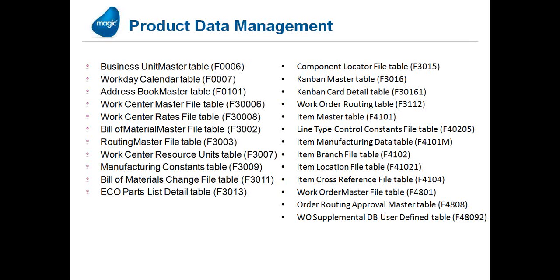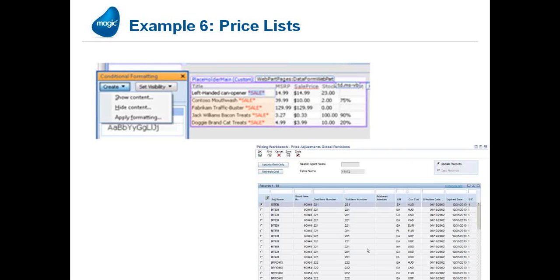This is very complex, as most of you know, in JD Edwards in terms of the table structure. This can be one of the more challenging areas, but depending upon the extent that you're utilizing this, some of you don't have things like Kanban master tables in your organization.